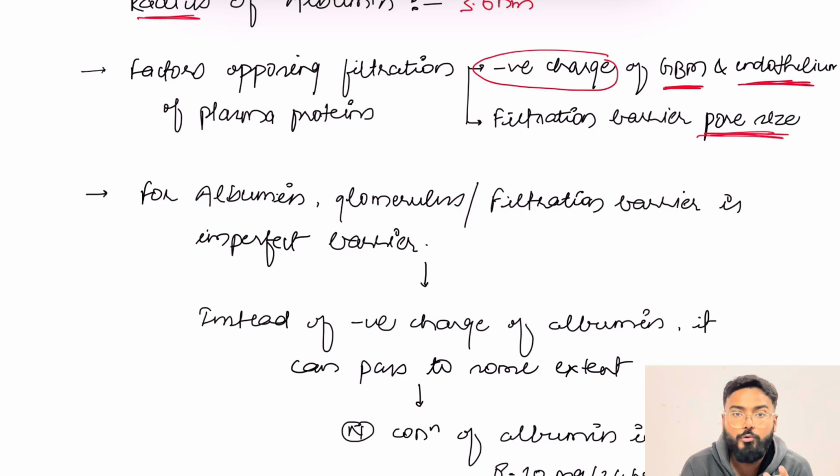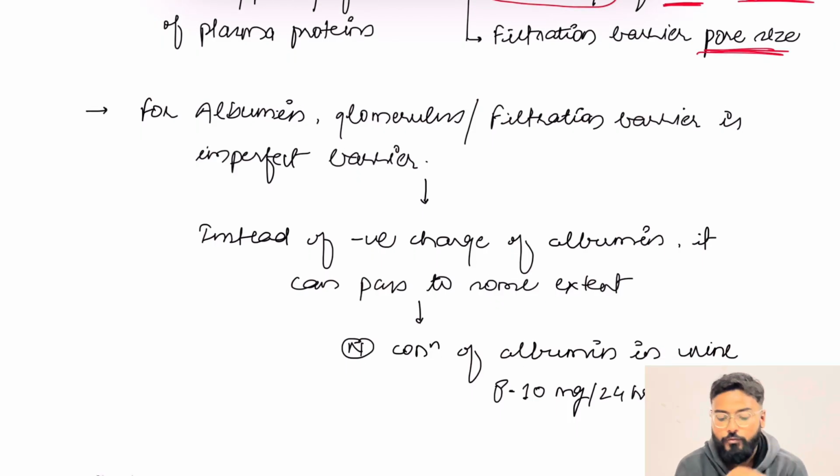These two are the opposing forces, because proteins are mainly negatively charged. So the negative charge of the basement membrane and endothelium is going to repel these proteins which contain negative charge. And the pore size of the filtration barrier is also an opposing force for most of the plasma proteins.